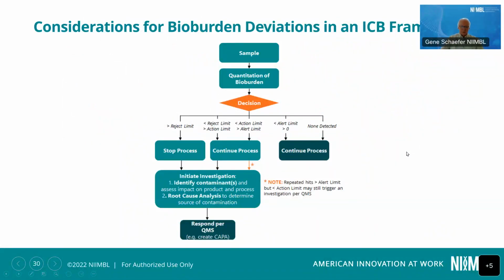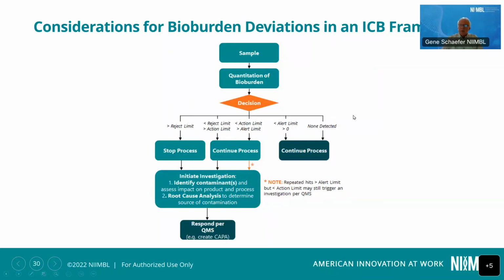And we also included considerations for bioburden deviations in that intensified continuous bioprocess framework, so that you may have different limits in place in process, a reject limit, an action limit, alert limit, and how you would react.